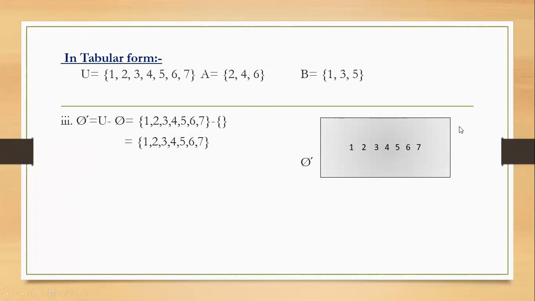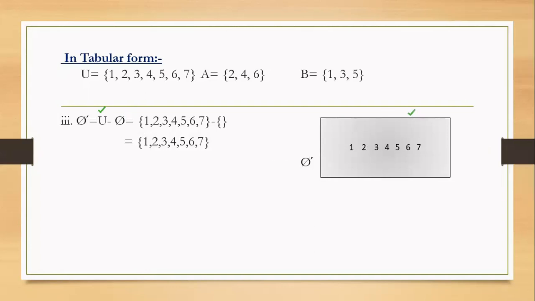Now, how can we draw the Venn diagram? Here you can see that in this question, only the universal set is given. One more set is given, that is phi, but phi is not a set. We cannot draw any circle for it. So there is only one set given, that is the universal set, so we have to draw only a rectangle.